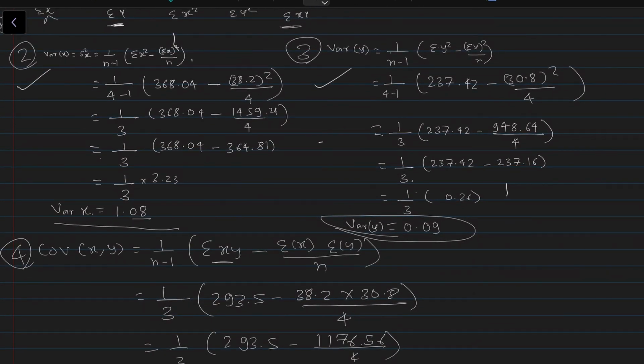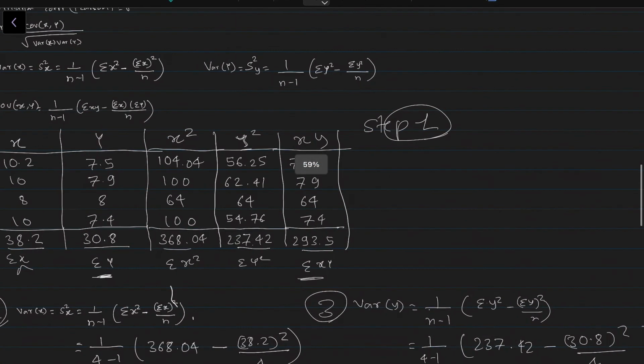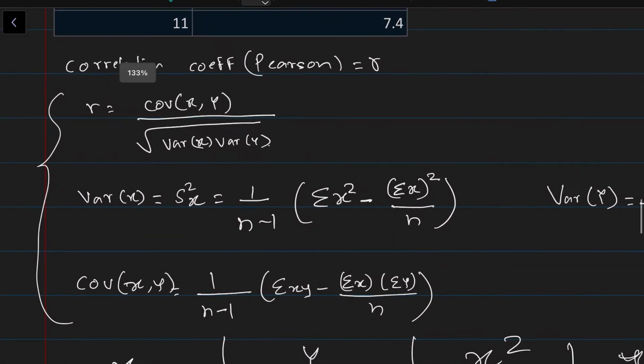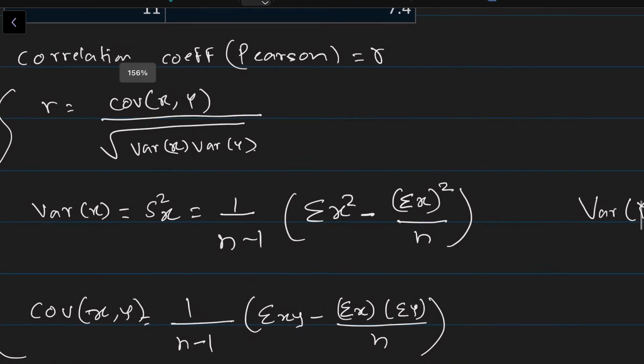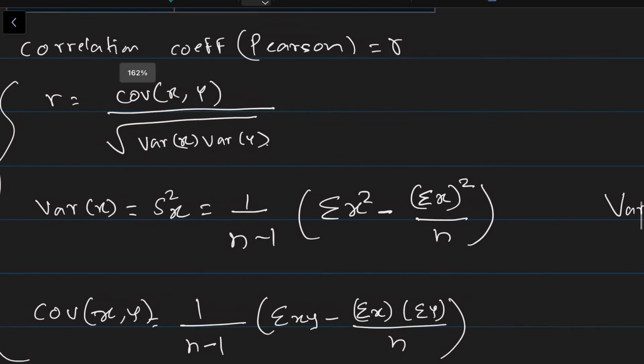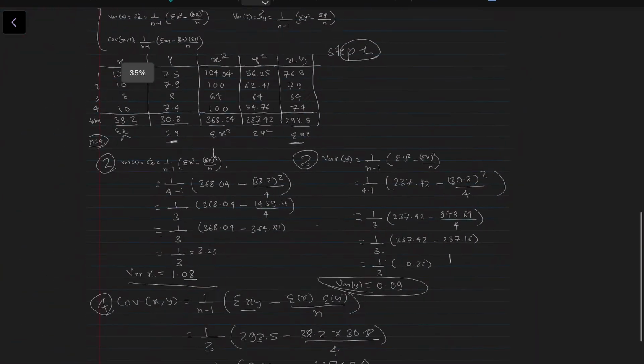So now the final step is just substituting all these three values, variance of x, variance of y, and covariance between x and y, into the final formula for r. We already saw that r is nothing but covariance of x and y divided by the square root of variance of x times variance of y.